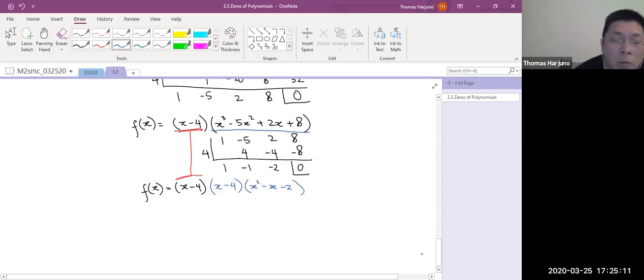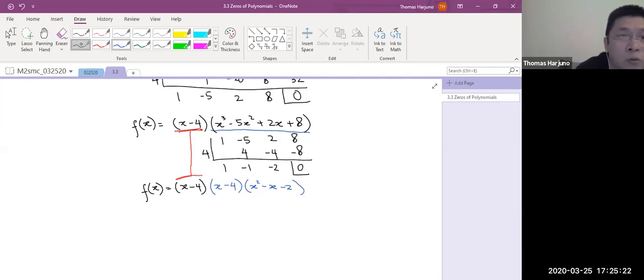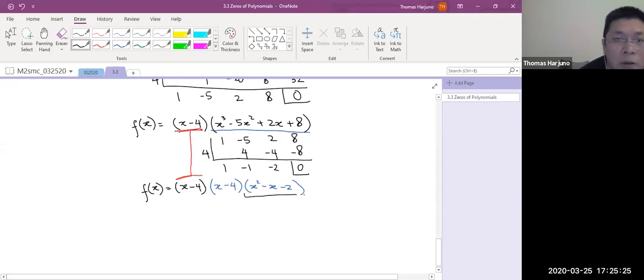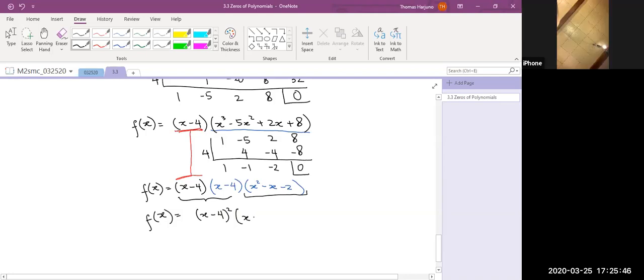Now, because it is degree of 4 originally, and I know 2 of the zeros, it means I just need to find 2 more zeros. And those 2 more zeros should come from here. But actually at this point, I can factor it already. I believe that's factorable. So these 2 guys here give us (x minus 4) squared as we expected. We knew it earlier, but we needed to use those 2 zeros to find the factors and the remaining zeros. This will give us x minus 2, x plus 1.